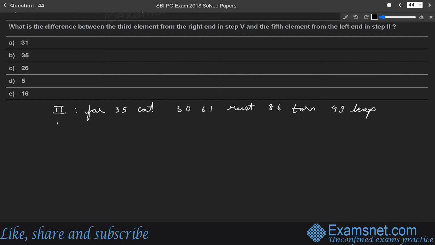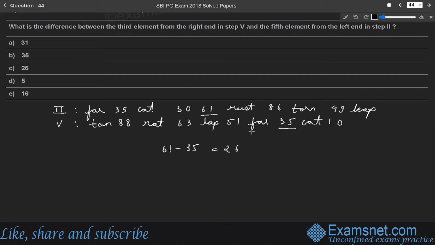Step 5th is tan, 88, rat, 63, lap, 51, far, 35, cat, 30. We can see that third element from right end in step 5 is 35 and fifth element from left end in step 2 is 61. Therefore, the difference here is 61 minus 35, which gives 26. Therefore, the correct option is option number C here, which is 26.